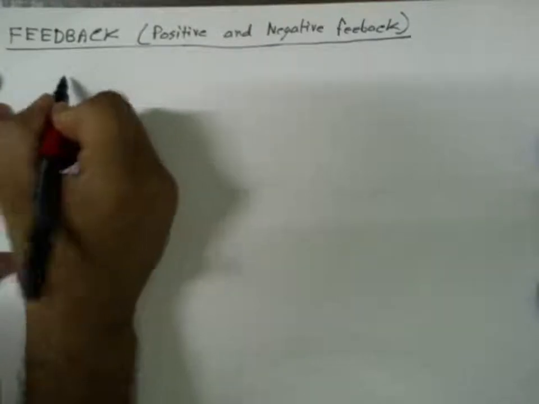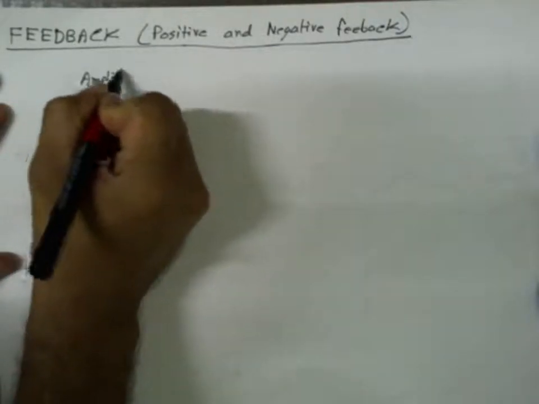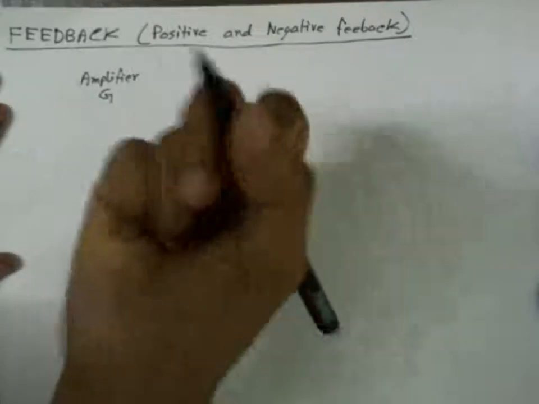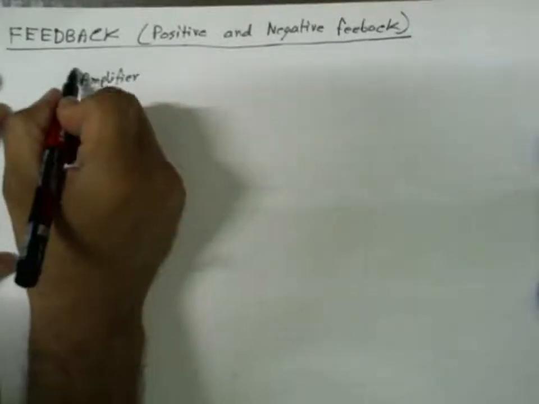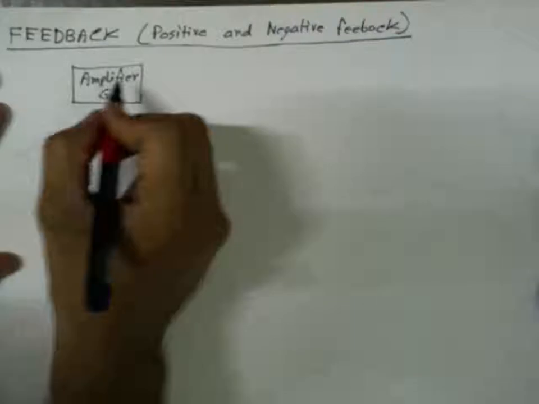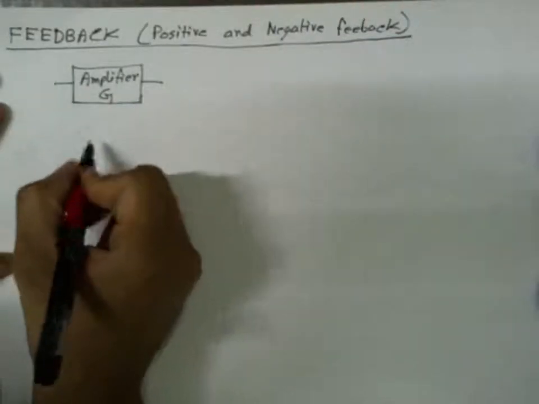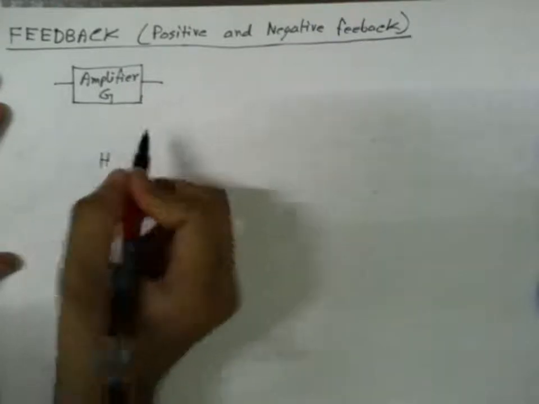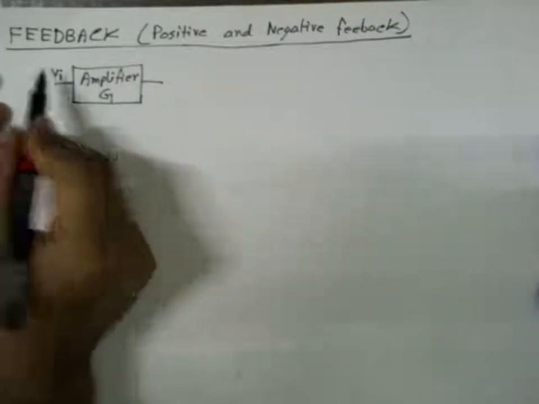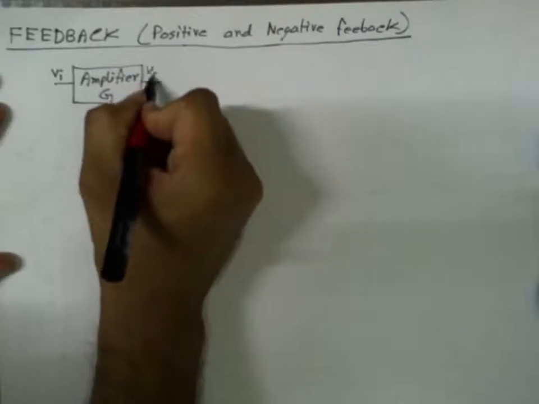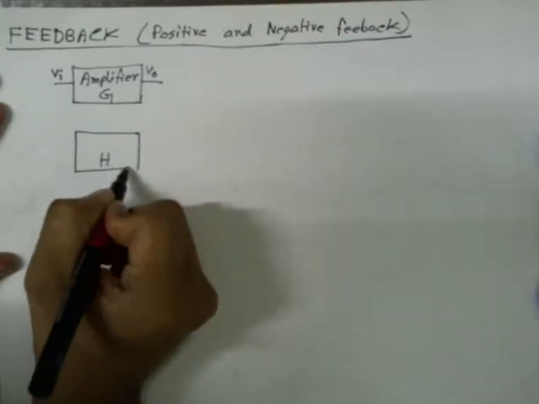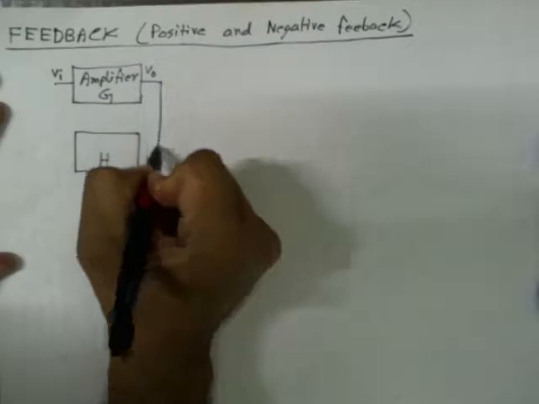Suppose I have this circuit where I have an amplifier, say with a gain of G for gain, and suppose that there is another amplifier with gain H. So if this voltage is Vi, input to the first amplifier, then Vo is the output of the first amplifier, and then we connect these two amplifiers back to back like this.